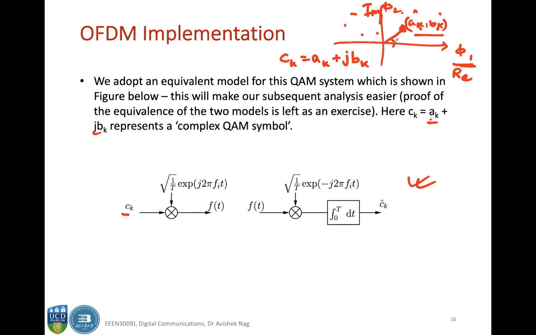If you have CK, which is AK plus JBK, and you modulate it with this frequency to get FT, you can see that the FC part is removed, because it is common, and it's the carrier frequency, so only the Fi part is there.